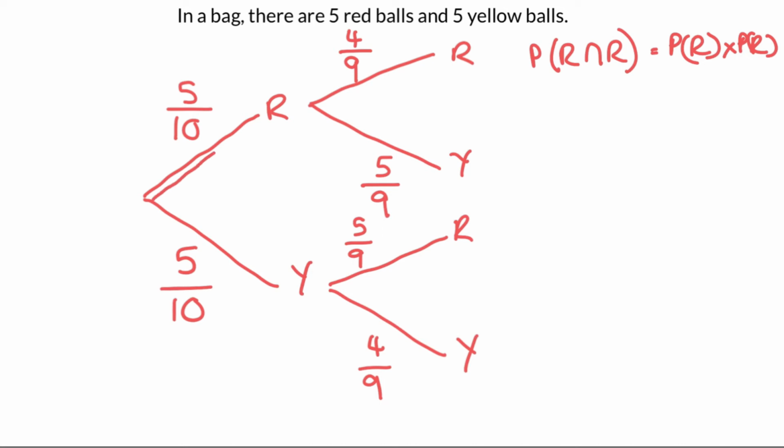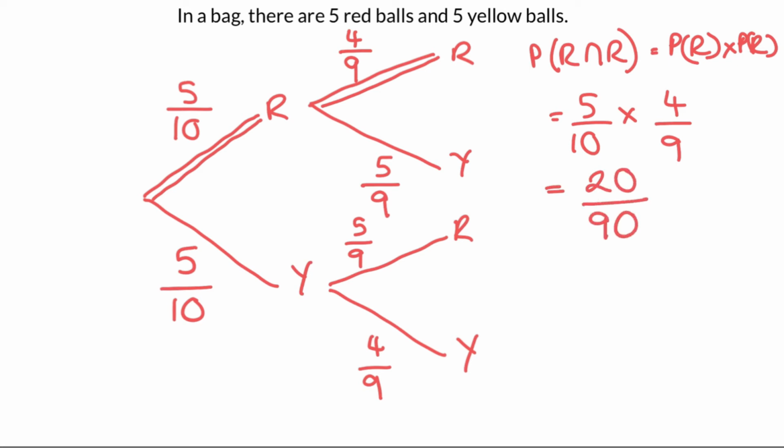So we go along the branch, first one is red, second one is red, and do 5 over 10 times 4 over 9. So that gives us a probability of 20 over 90 of both balls being red, which we can simplify to 2 over 9.